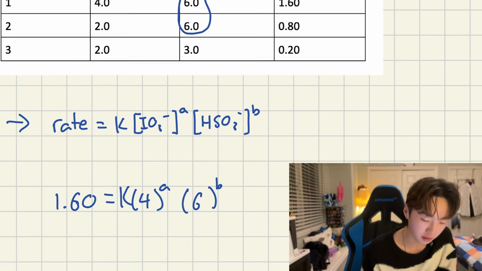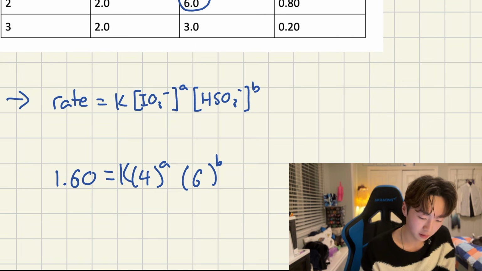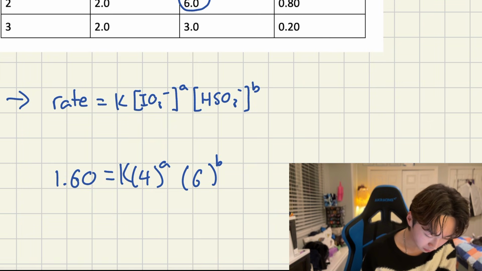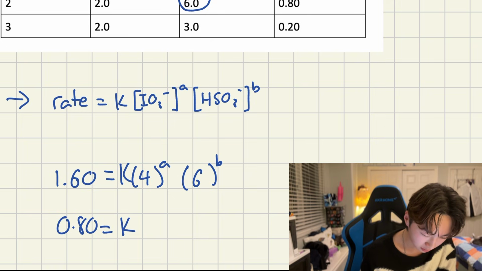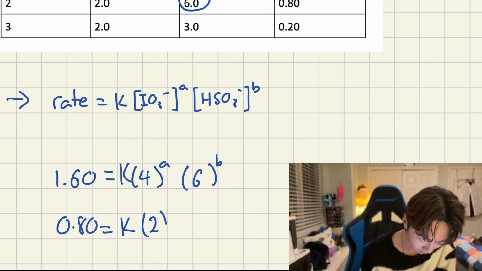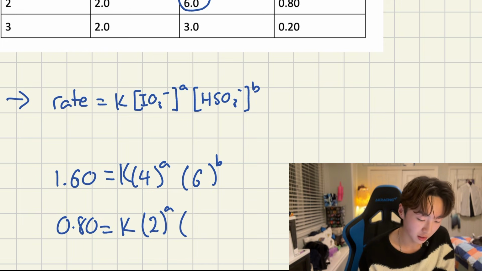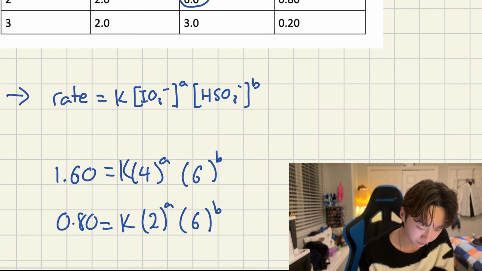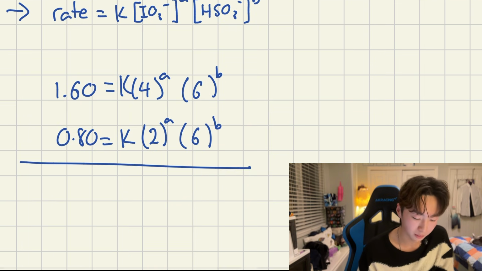Okay, now we're dividing this whole expression by our second trial, which is going to be 0.8 as the rate is equal to K times the concentration of IO3 minus, which is going to be 2 to the power of A, and then our concentration of HSO3 minus is going to still be 6 to the power of B. Okay, and we'll divide them.